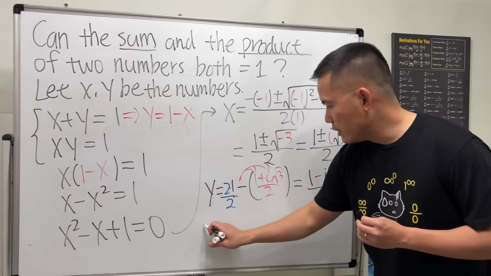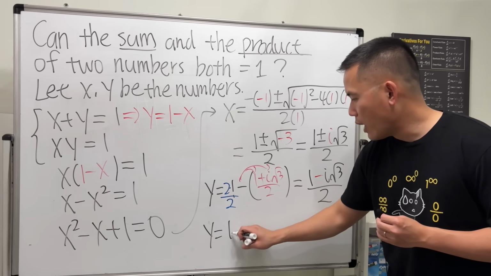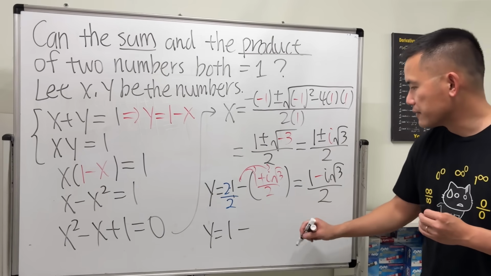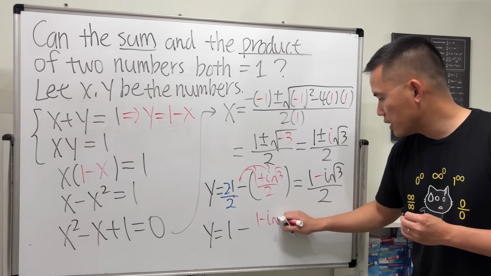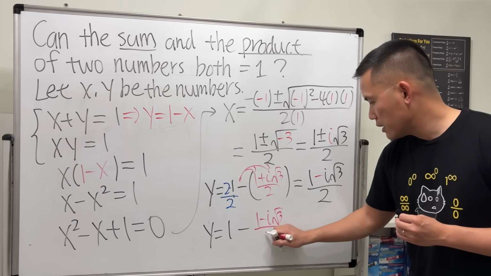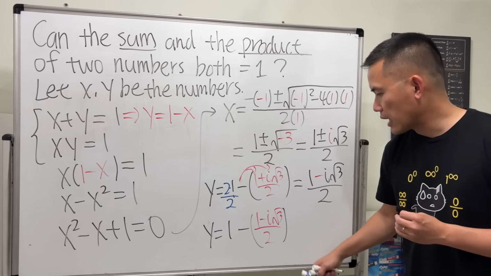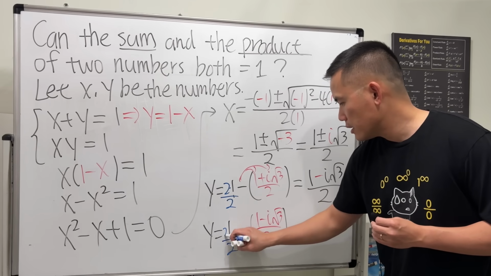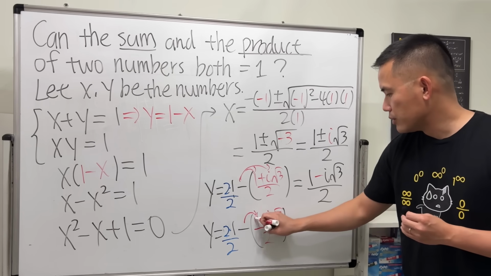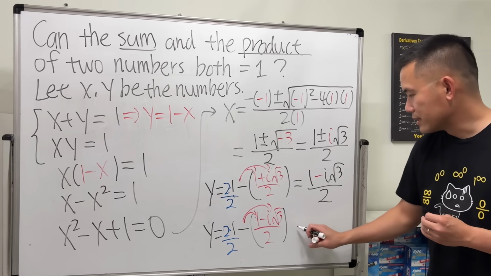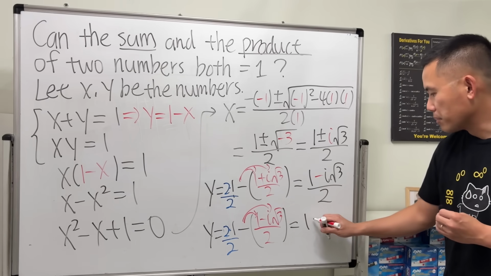And then the other version, 1 minus the minus version here, again, if you get a common denominator, and then you just distribute, 2 minus 1 is again 1, but this time you get a plus.